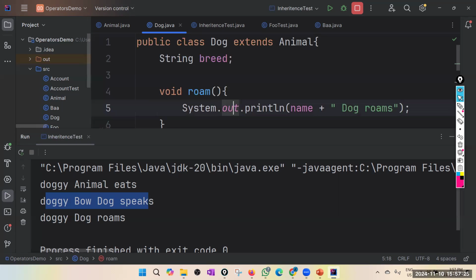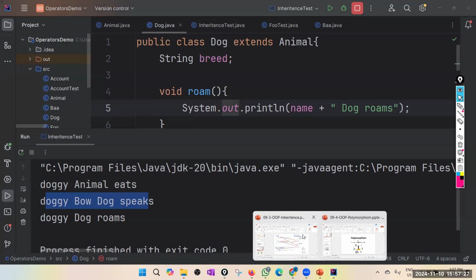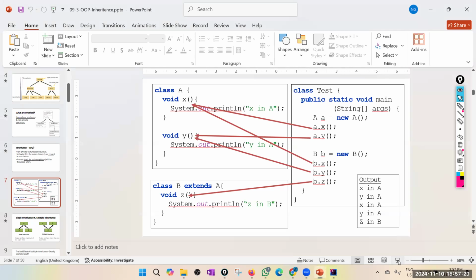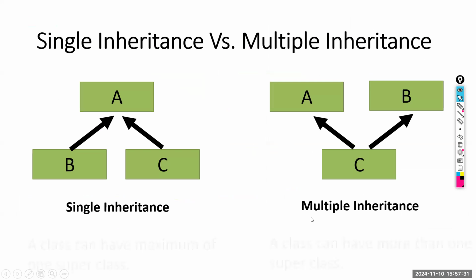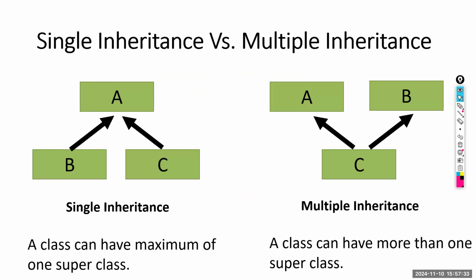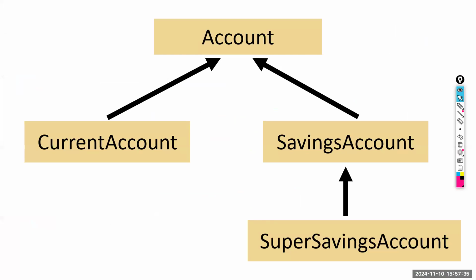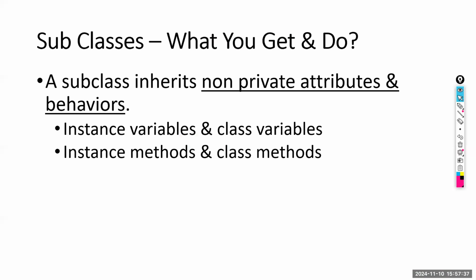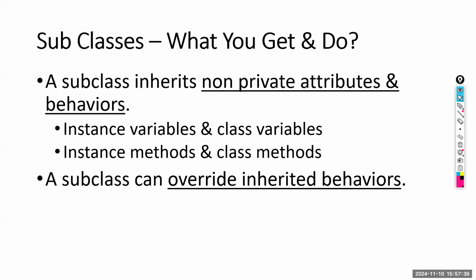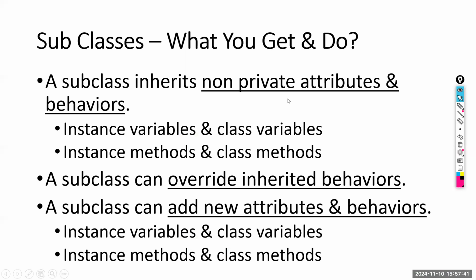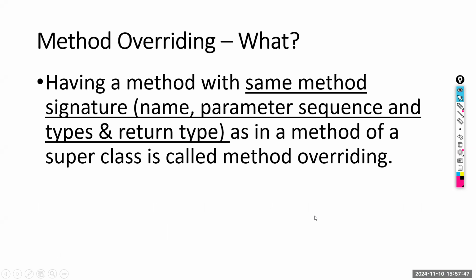Right. So any questions? We are pretty much done with the basics of inheritance. What we can do: non-private attributes and behaviors are inherited. You can override inherited behaviors and you can add your own attributes and behaviors. Overriding means you write the same method with the same signature, but you write your own implementation.